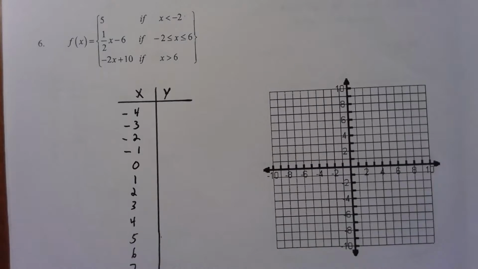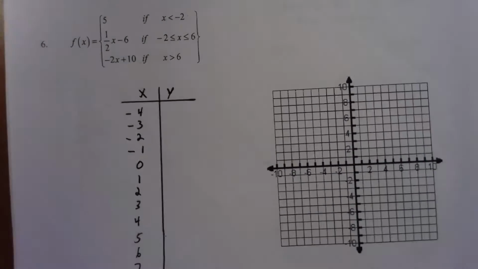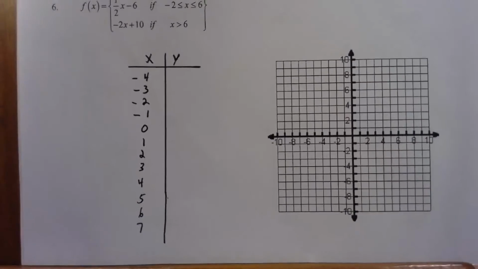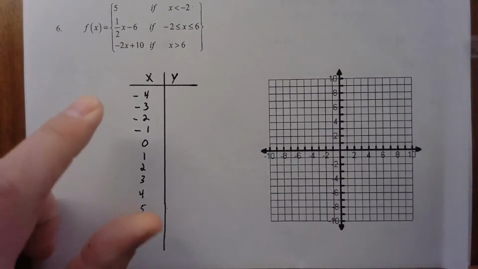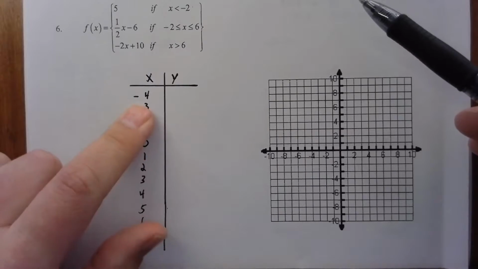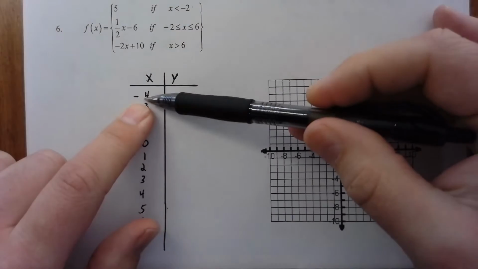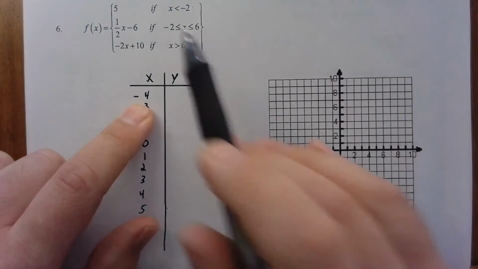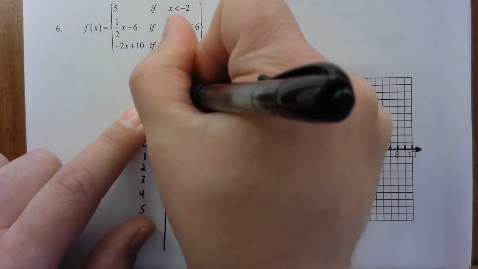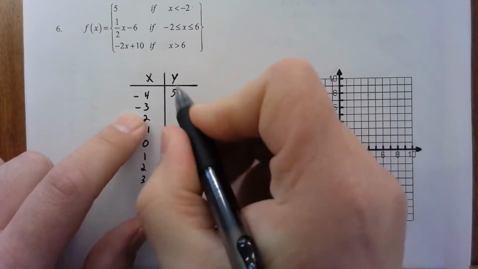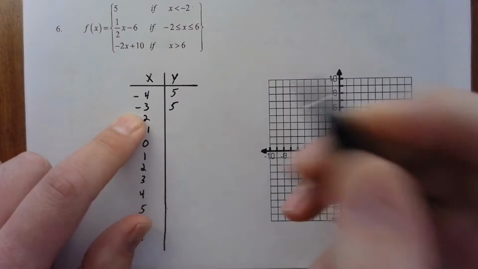All right. That is a lot of stuff to have to compute. I don't want to do that much computing to do these things. So what I'm going to do is pick a couple right here. -4, less than -2. So everything less than -2 is going to be a 5. So -4 is a 5. -3 is a 5.